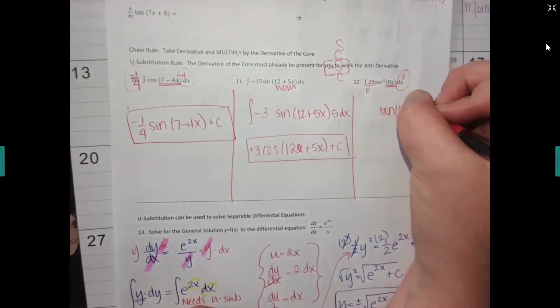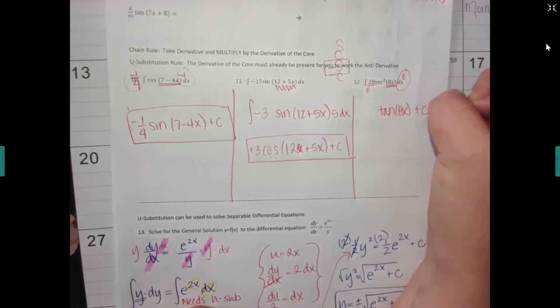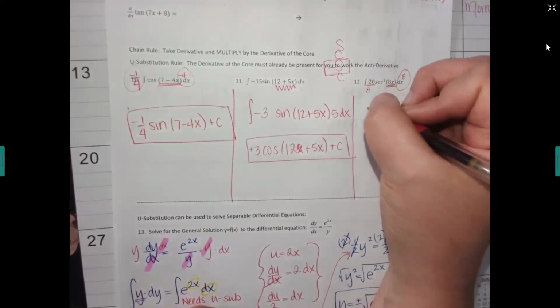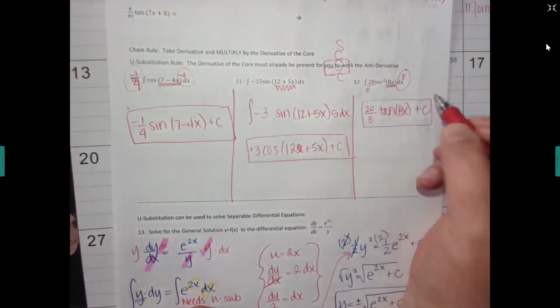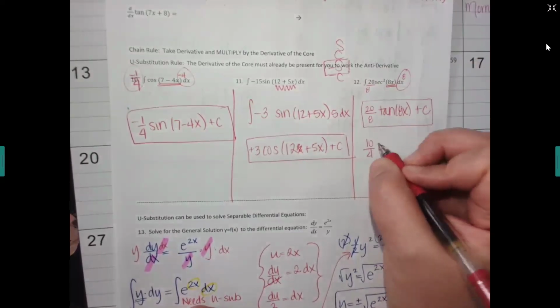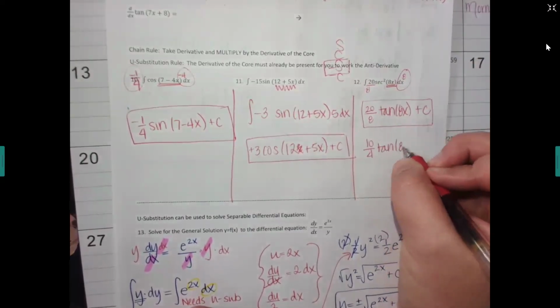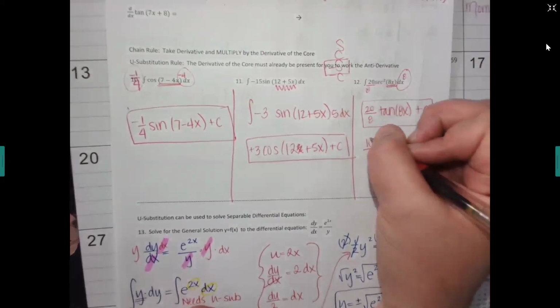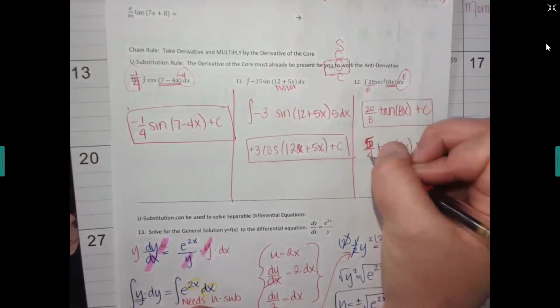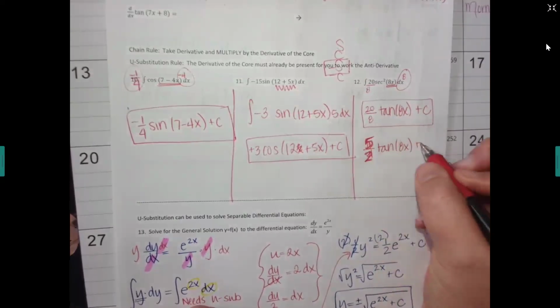Tan 8x plus c. And then in the front, I'd still have the 20 over 8, which you could easily reduce to 10/4. Oh, you could go even more. You're right. Good call. Okay.